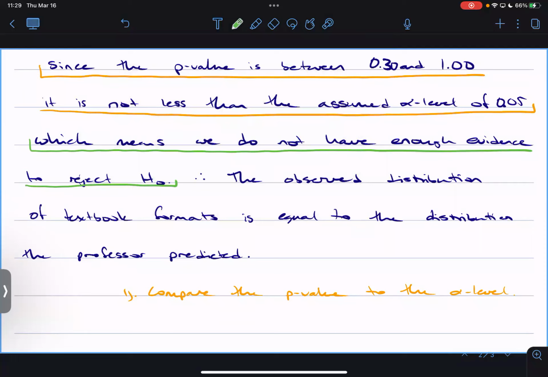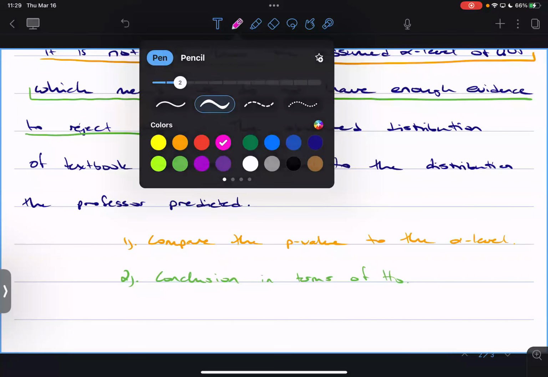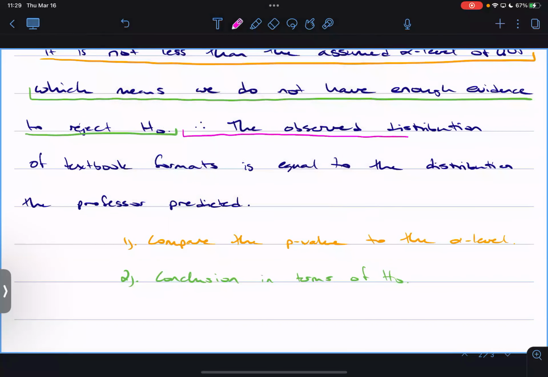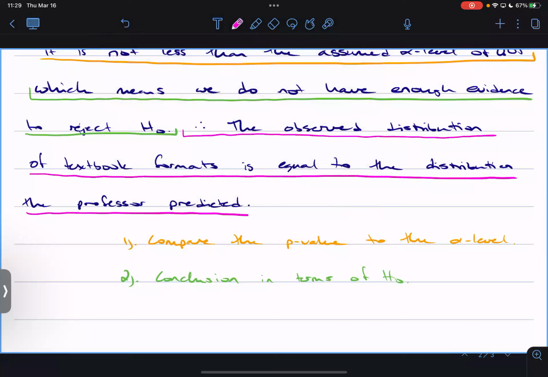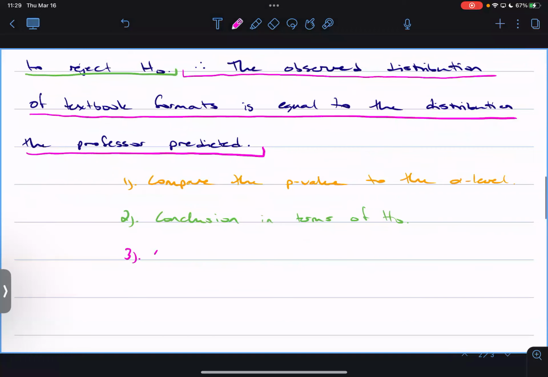Those are your only 2 options. And then the one that people love to forget, because you've done all this work and you're exhausted, is what does that mean in terms of the question? So the conclusion in terms of the question.